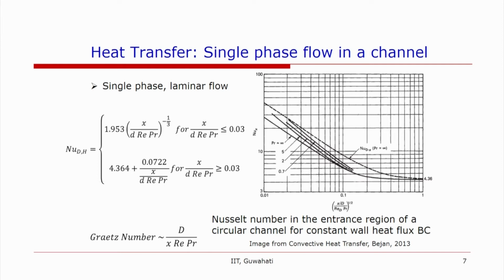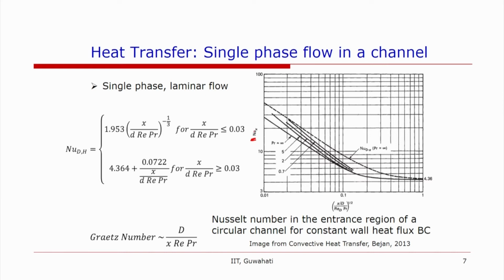So, for developing flow, as one can expect, the heat transfer coefficient or the Nusselt number will be higher when the flow is developing, and then eventually it becomes constant. It has been plotted, the local Nusselt number NuX, along the channel length.